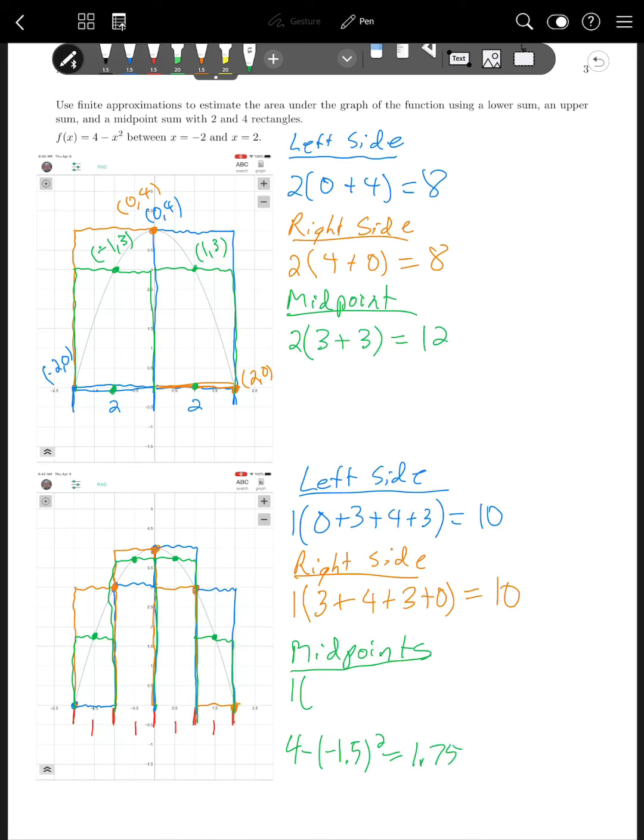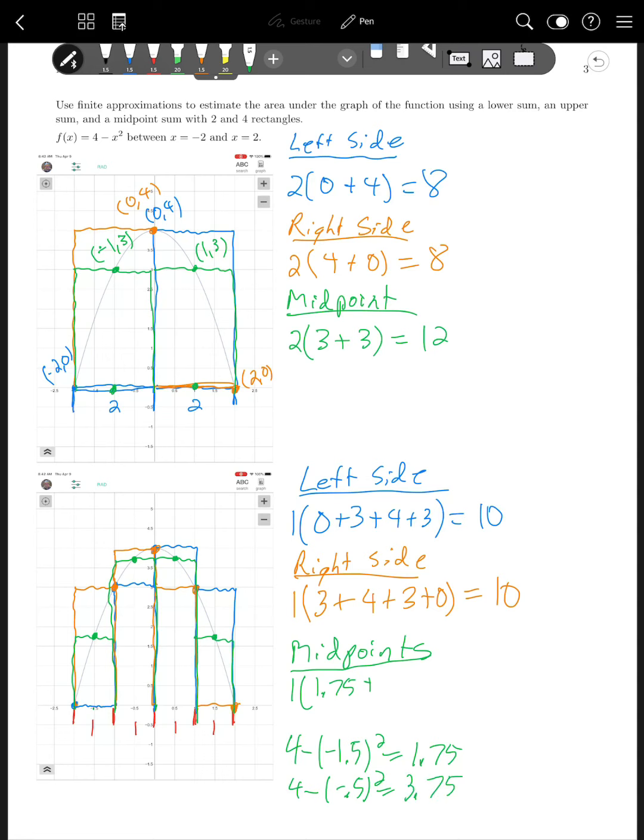Okay, so the first one would be 4 minus negative 1.5 squared. Okay, so that's 4 minus negative 1.5 squared, which is 1.75. And then we do that for each one of them.